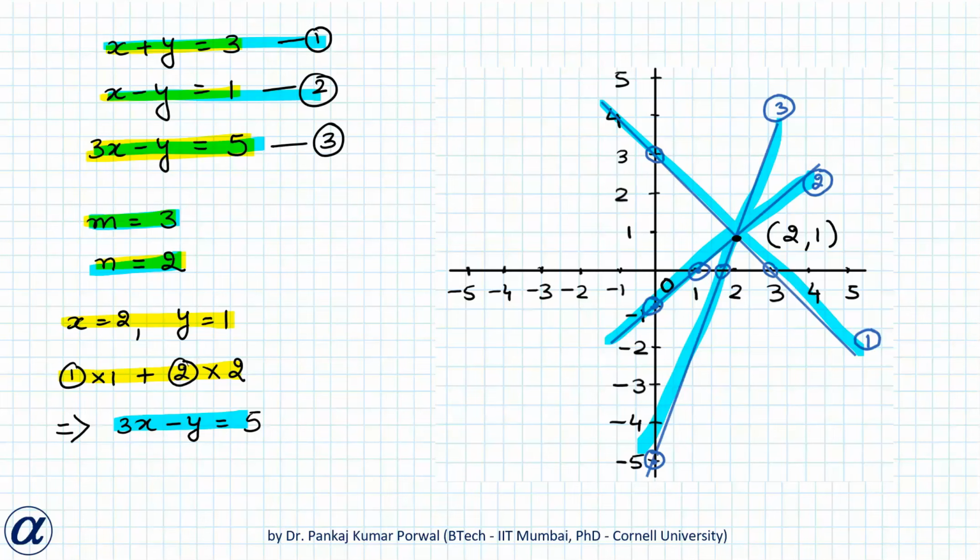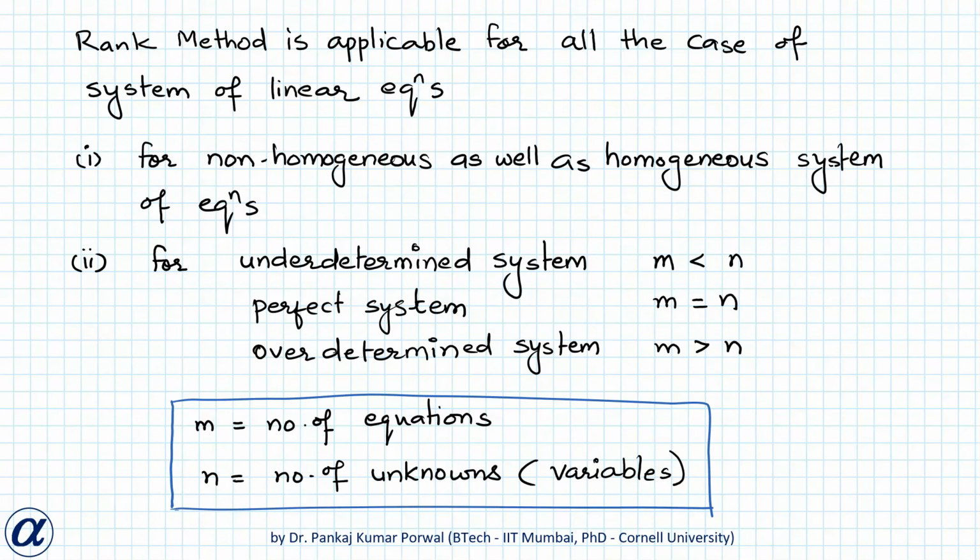And for that, we use the rank method, and the rank method is applicable for all cases of systems of linear equations, that is for both non-homogeneous as well as homogeneous systems of equations, and for all cases of number of equations and number of unknowns, that is when the number of equations is less than the number of unknowns, when it is equal to the number of unknowns, and when it is greater than the number of unknowns, that is for underdetermined system, perfect system and overdetermined system.